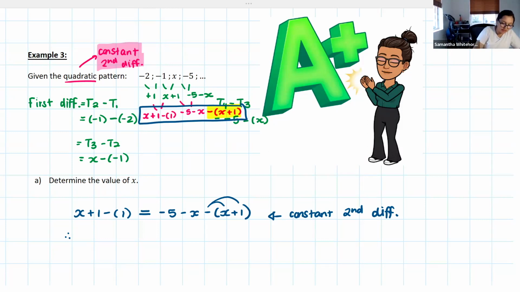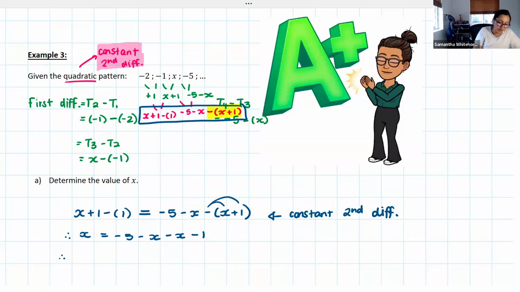Okay, so let's double check. On the left-hand side, we've got x plus 1 minus 1, 0. So we don't need to do anything there. And then we've got -5 minus x, distribute that negative in, minus x minus 1. How you choose to solve an equation at this point, skip steps if you can, and if you want to, that's cool.